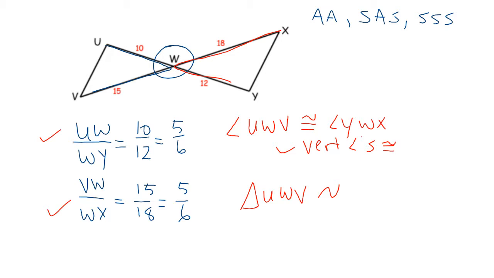Make sure you use a similar sign, not the congruent sign, to triangle YWX by side, angle, side similarity. Now, all of this must be in your statements. You must make these statements about the sides, showing that they are proportional. You must make the statement about the angles, and then you must make the congruent statement right here. So that's all you got to do, just that, then you're done. Once you have all that information there, I can look at it, you're done.